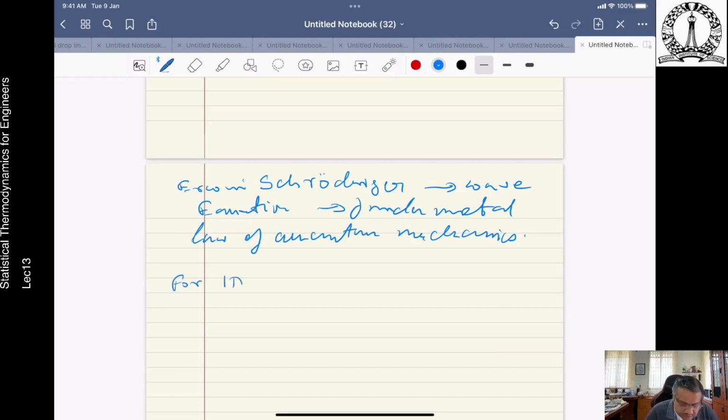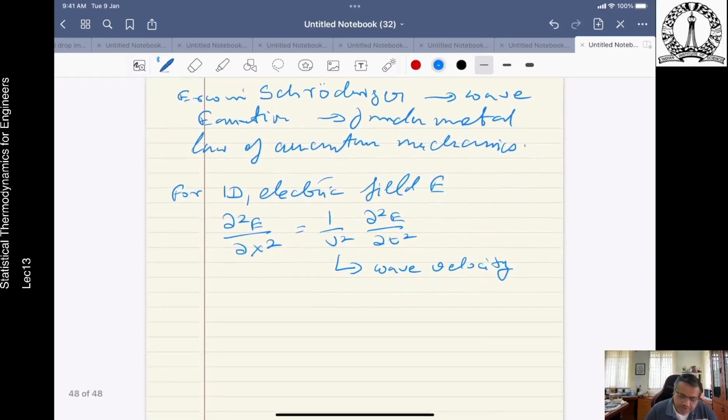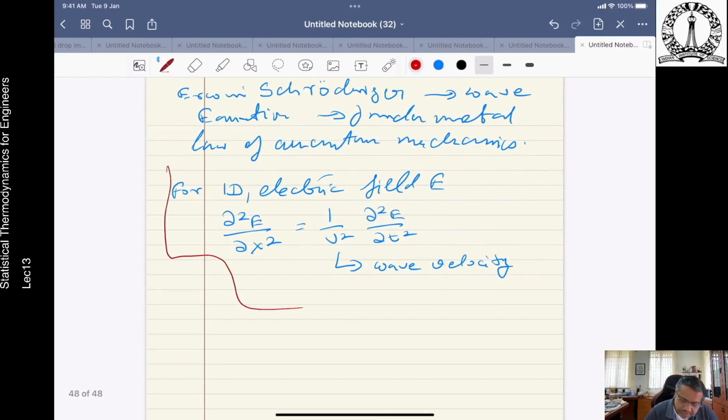For a 1D electric field E, this is like the analogy. The electric field E is given by the second partial derivative of E with respect to x equal to 1 over v squared times the second partial derivative with respect to t, where v is basically nothing but the wave velocity. So this is from traditional electromagnetic theory.